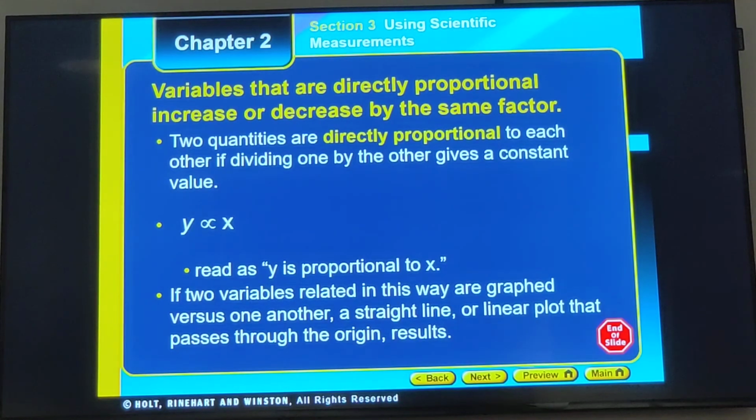It's a direct proportion. Or if I graph one against the other, does it make a straight line? So straight line and one divided by the other is a constant are the two factors that help you know that two factors are directly proportional to each other.